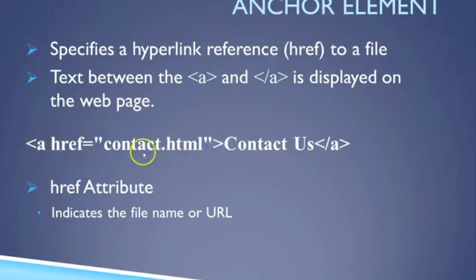Everything between the A's closing bracket and the /A becomes a hyperlink. So this contact us is a hyperlink, and it'll link to this particular file, contact.html. This anchor reference can be either the file name, like contact.html, or a URL, which is the address of a website.